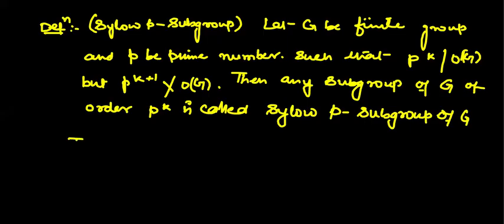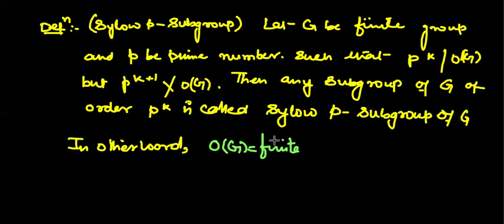In other words, the order of G is finite, p is prime, p raised to power k divides the order of G, but p raised to power k plus 1 does not divide the order of G.